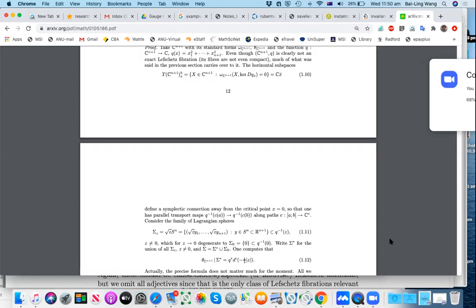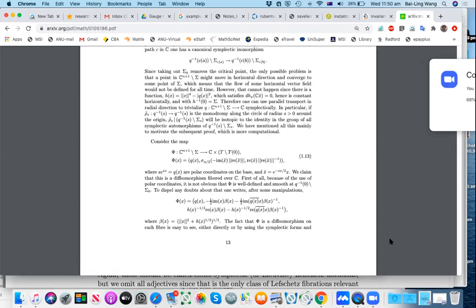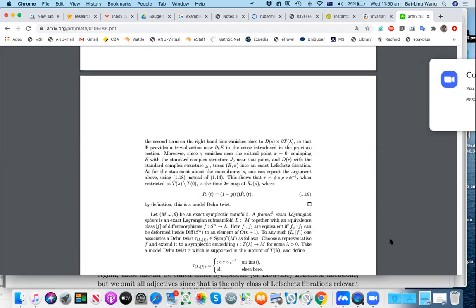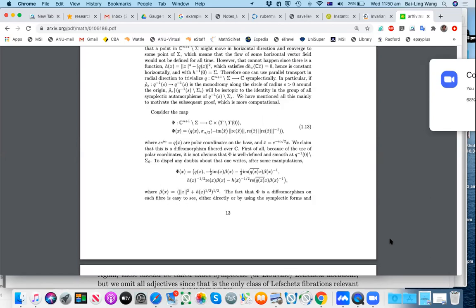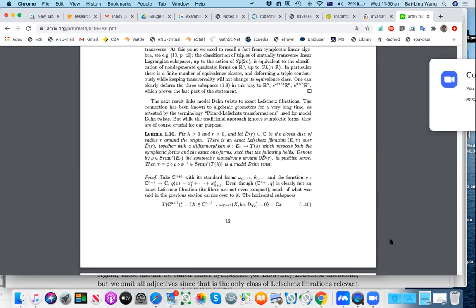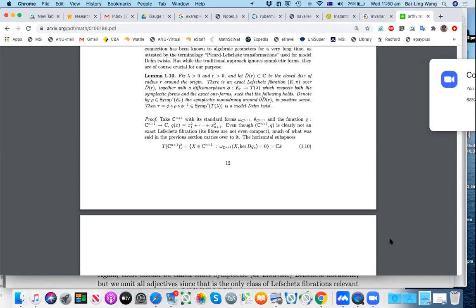Okay, so here is the proof. It's three or four pages now. I can't just look at it and see it. This is a diffeomorphism, so this is parallel transport along the boundary.